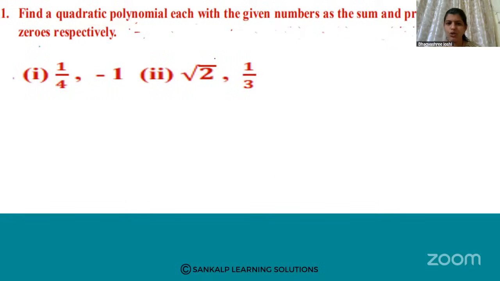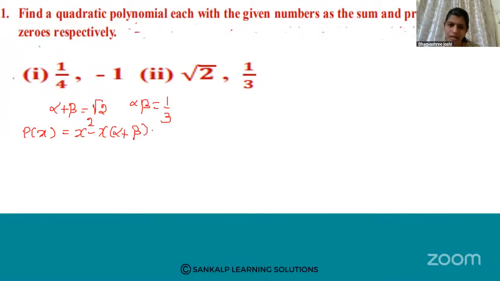Next question. Root 2 and 1 by 3. Here also alpha plus beta value is root 2 and alpha into beta value is 1 divided by 3. Then what is our expression? P of x equal to x square minus x into alpha plus beta plus alpha into beta, right?